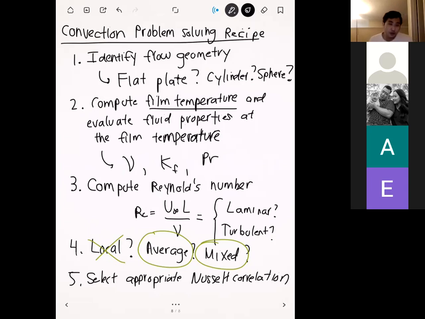And you have a lot to choose from, depending on the situation. So you want to make sure you do steps 1 through 4 so that you can make the best decision for which correlation you want to use. All right. Any questions on this before we jump into an example?